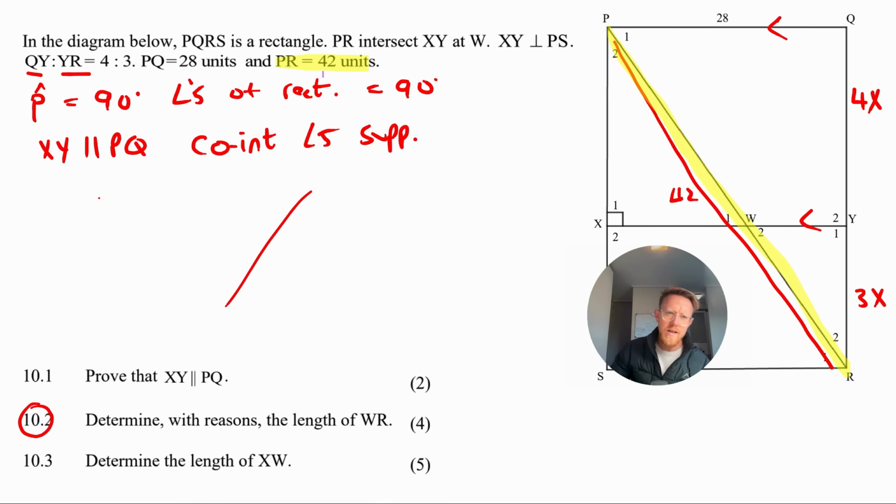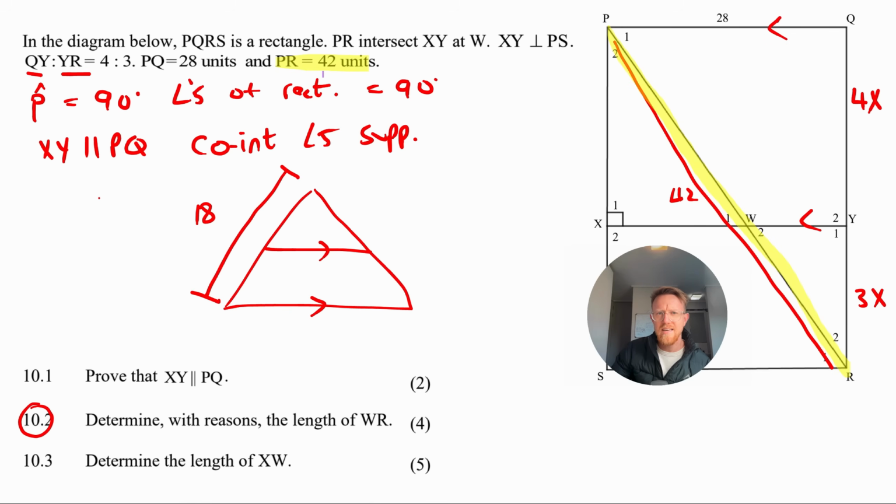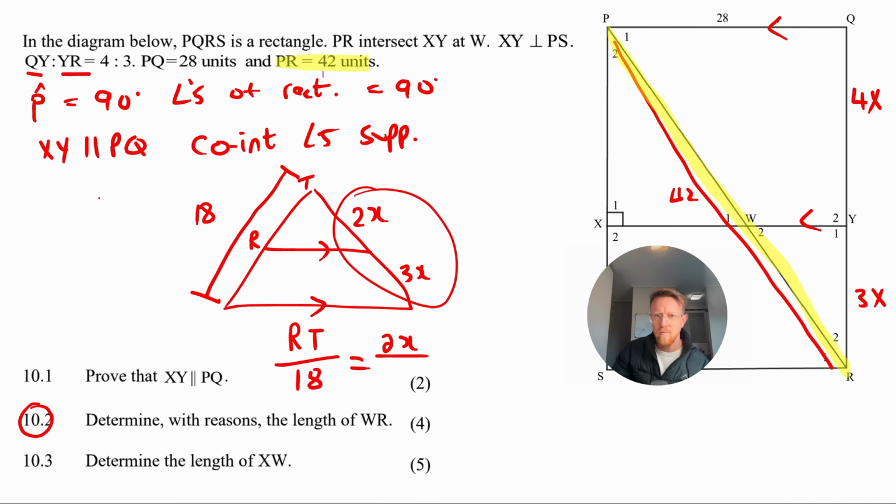So if you had a random triangle like this with parallel lines, and you knew that this entire length was 18, and you knew that this was 2x and this was 3x, and you had to work out, for example, let's say RT, then you could say, for example, RT over the complete length is equal to 2x over the complete length.